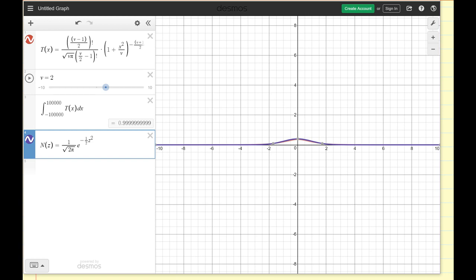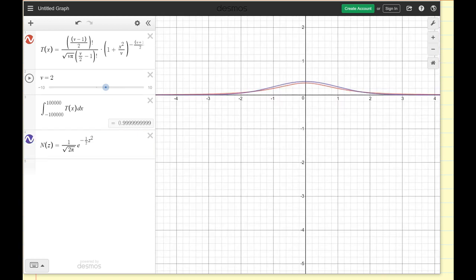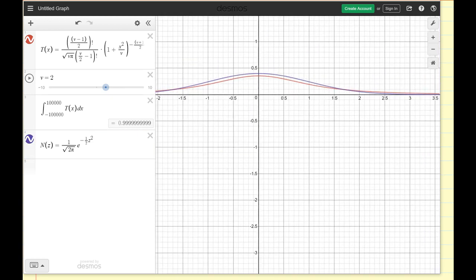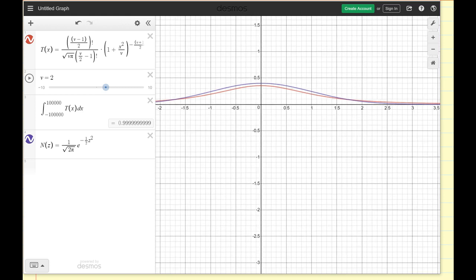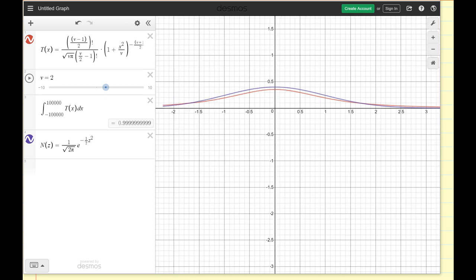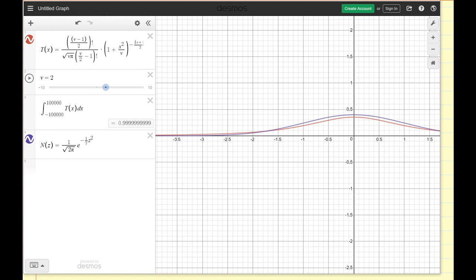And if we input the standard normal distribution on top of it, we actually see that these two graphs share a very close comparison with one another. Except that, if this red curve is the t-distribution, we see the normal distribution is slightly higher, and the t-distribution tends to have a little bit wider tails than the standard normal distribution does.